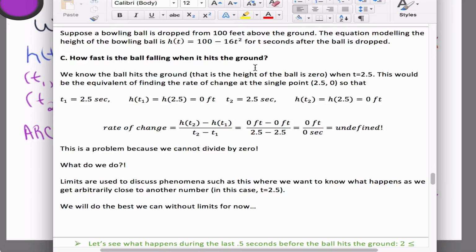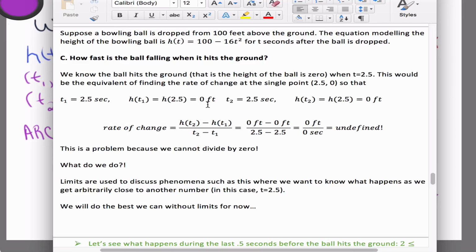All right, so if I wanted to work this out, if I try to use the average rate of change, which is what I used previously, well, in this case, we'll have the same time and the same height for both points. So we'll be looking at 2.5 seconds for both points.